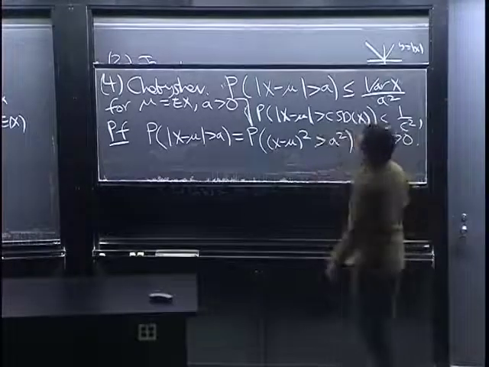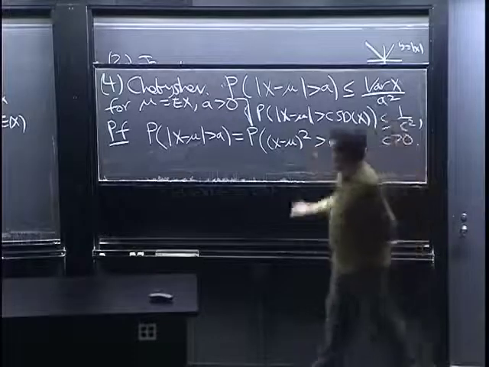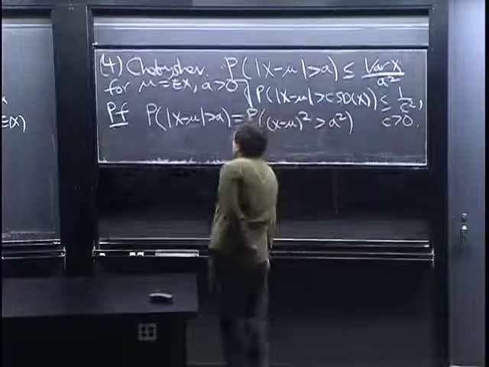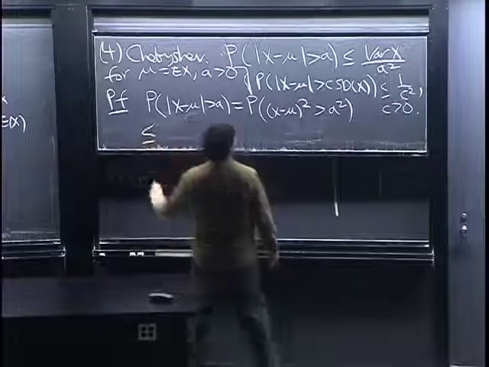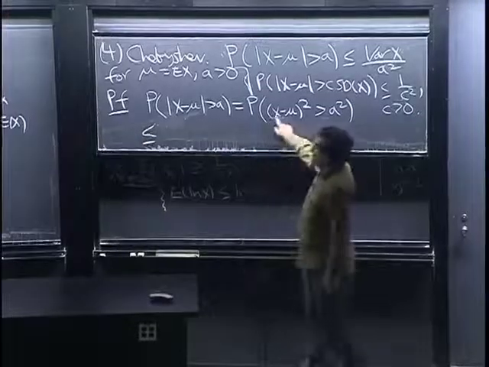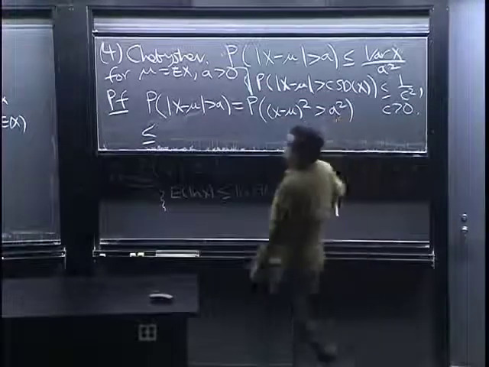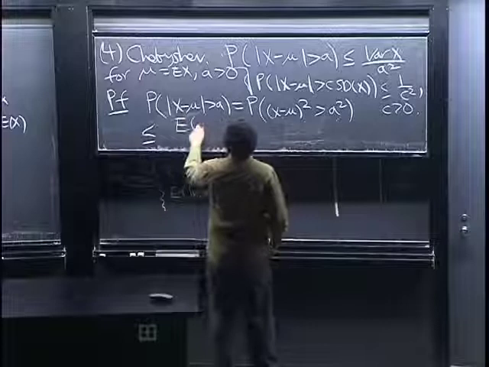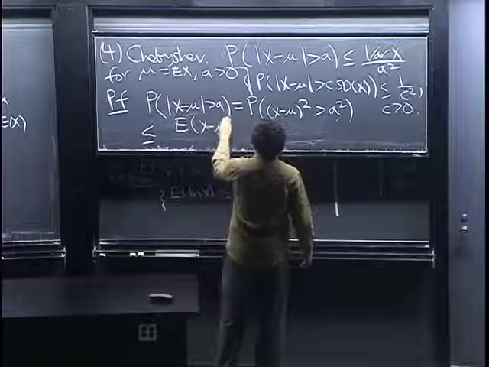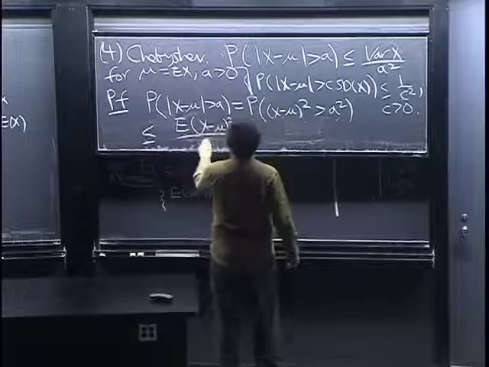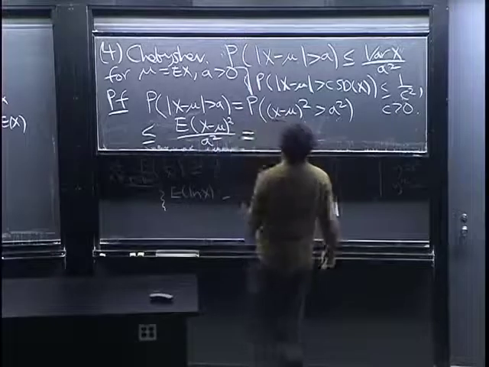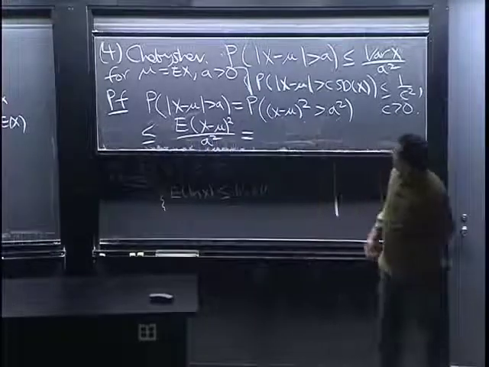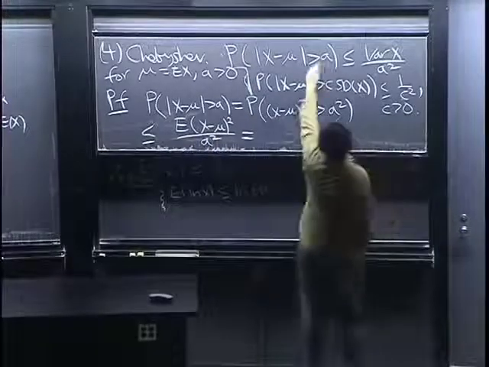Now let's use Markov's inequality on this term. By Markov's inequality, this is less than or equal to the expected value of this divided by this, which is E of (X minus mu) squared divided by a squared. So that's just Markov. We can put greater than or equal here.